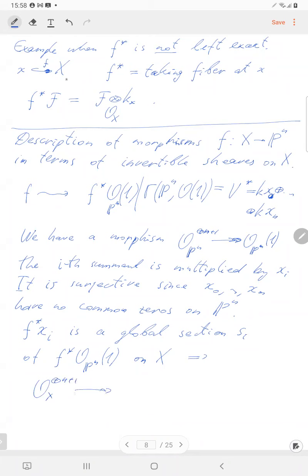Again, it surjects onto the pullback of O(1), and again on the i-th summand, it's multiplication by si.